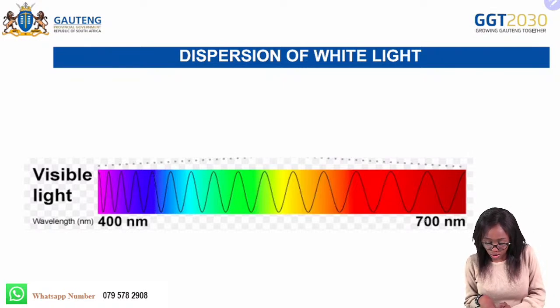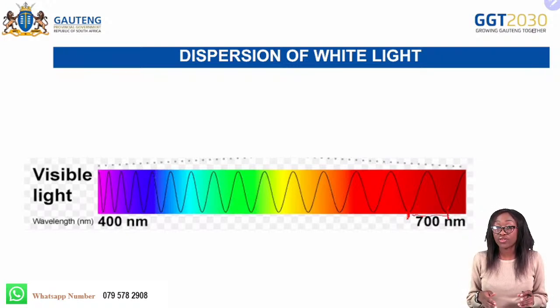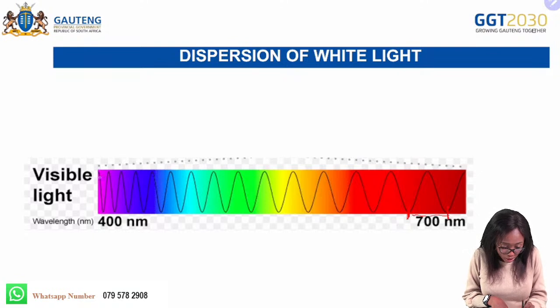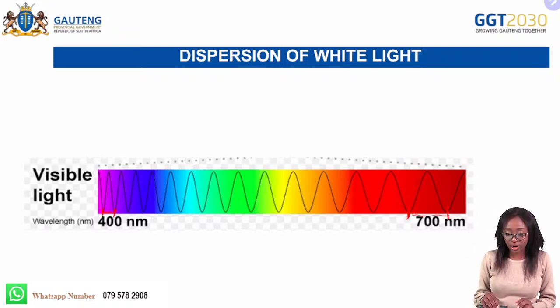Just to show you, this one, which is red, has been measured from this trough to that trough, and we have a distance of 700 nanometers. So our range is 700 nanometers to 400 nanometers. The one with the smallest wavelength, which is violet, we can measure from this trough to that trough, and it gives us a wavelength of 400 nanometers.